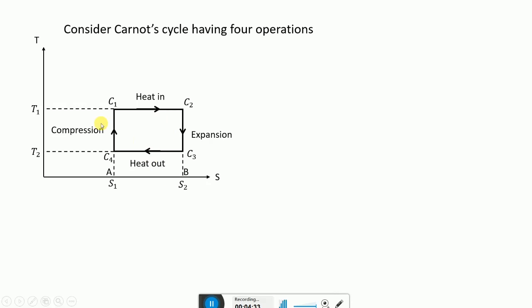The 4 operations are C1, C2; second one is C2, C3; third one is C3, C4; and last, that is the fourth one, is C4, C1, meaning the substance goes back to its original state, that is C1. So these are the 4 operations for the Carnot cycle. So let us see one by one.